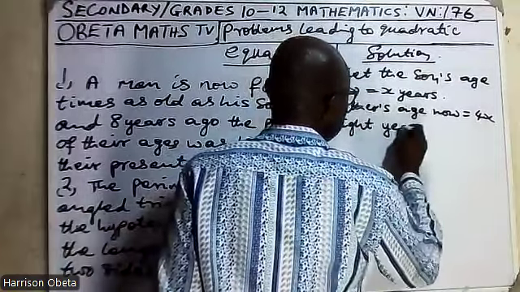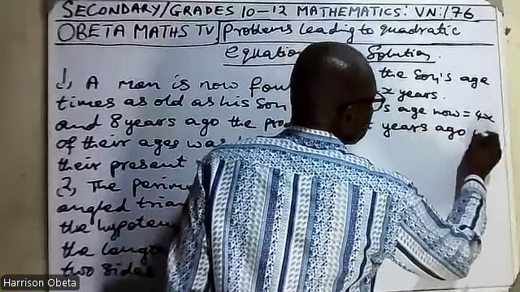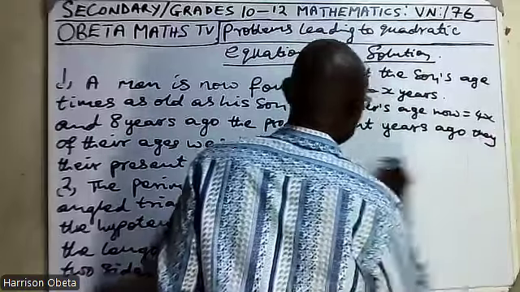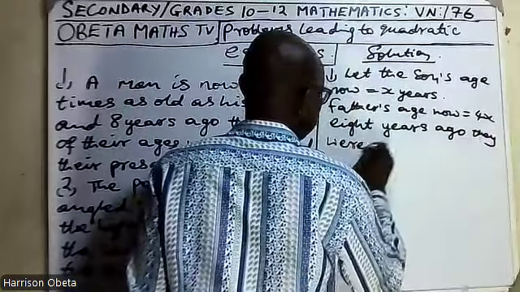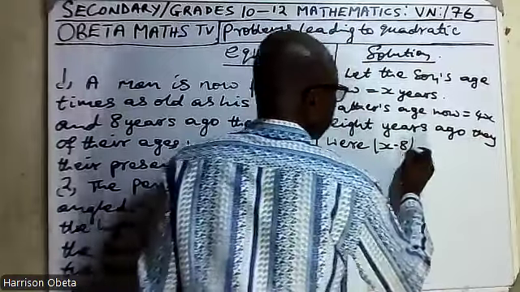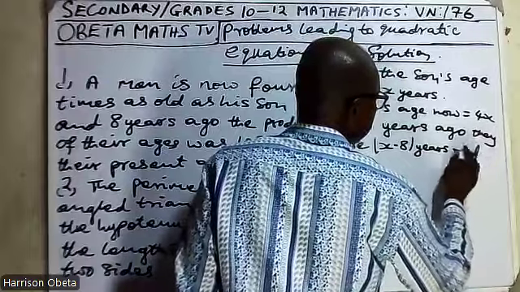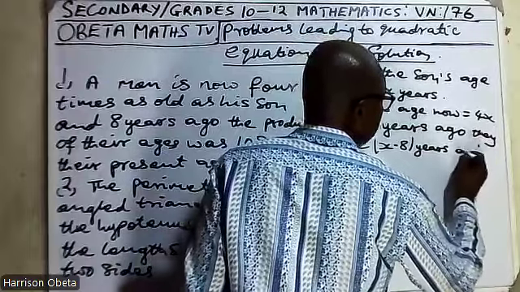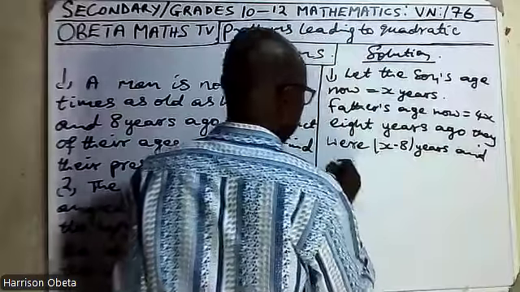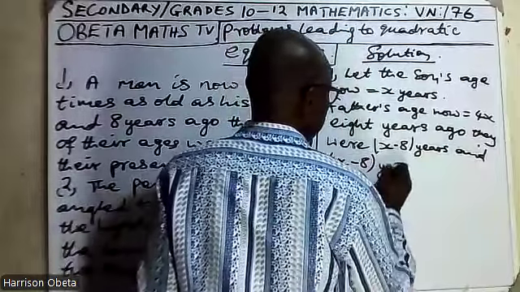8 years ago, they were x minus 8 years and 4x minus 8 years.